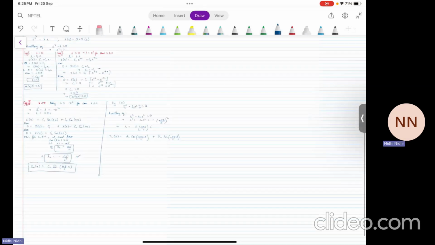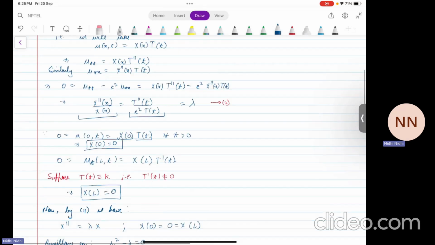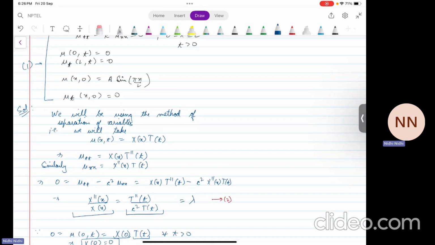Now, after this, we need the boundary condition or some condition on t. So out of the four initial conditions given, we had used just u(0,t) and u(L,t). We can use this one.